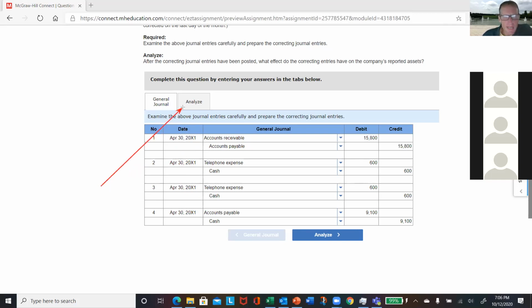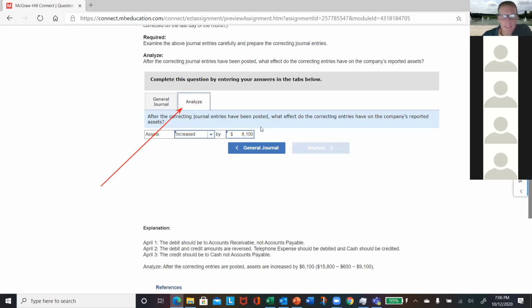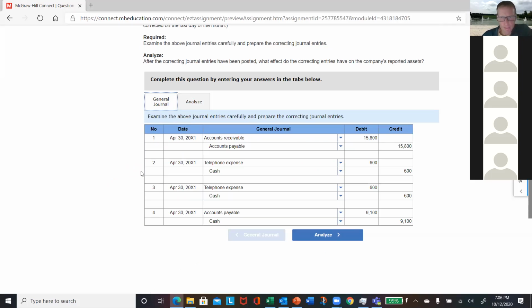So before we get to the analysis part, just looking at the question, I believe it was asking, what effect do the correcting entries have on the company's reported assets? If you go back and look at the correcting entries, I believe what they were trying to do is go back to the concept of classifying accounts, to make sure you know what accounts are affected.